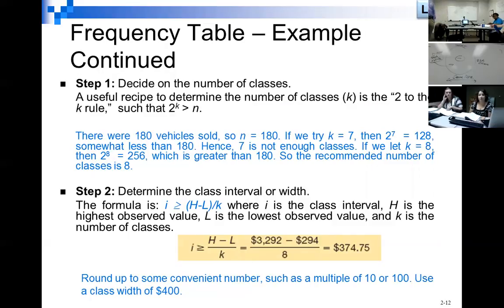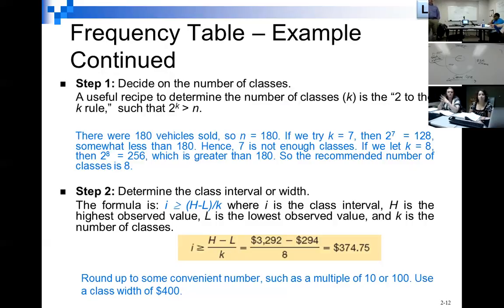We're going to say that 2 raised to the K power is greater than N. In statistics, when we use the word N, we are referring to the number of items we're working with. In this case, we're substituting from the population of this auto group. So 180 vehicles were sold, so N will equal 180.